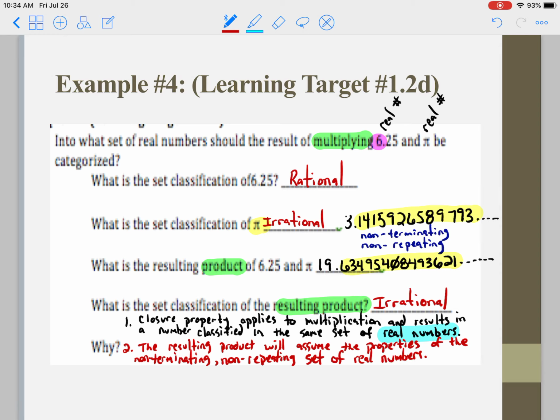So it's going to assume the properties of the non-terminating, non-repeating set of real numbers, meaning it's going to assume the properties of irrational numbers.